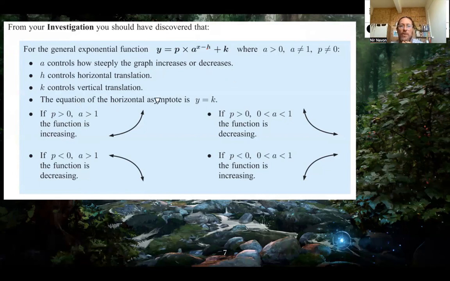The equation of the horizontal asymptote is y equals k. So it's very easy to find because this is the one that is different from the function here by the plus or the minus sign.